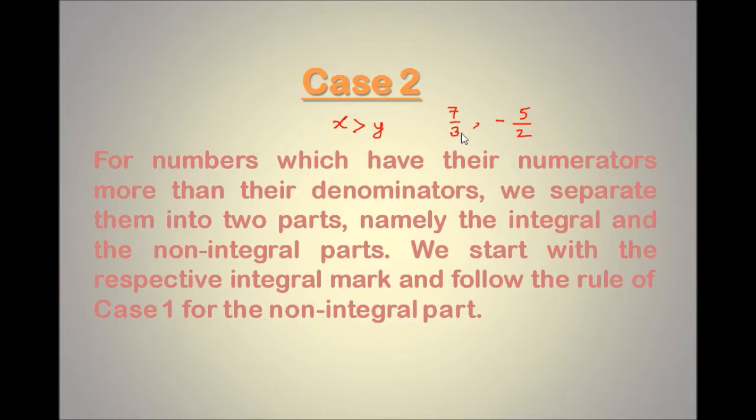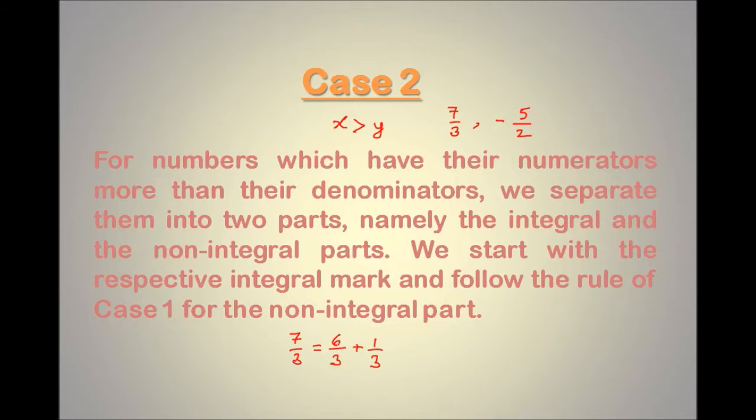Let us just see how we separate this rational number into 2 parts. So let us take up the first one, 7 by 3. 7 by 3 can be written as what? It can be written as 6 by 3 plus 1 by 3.